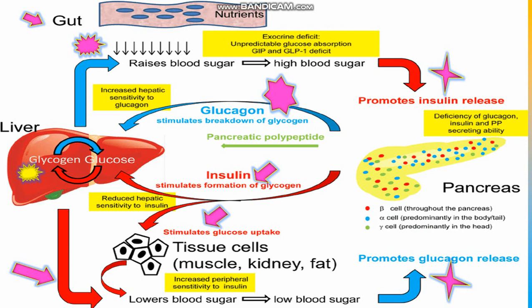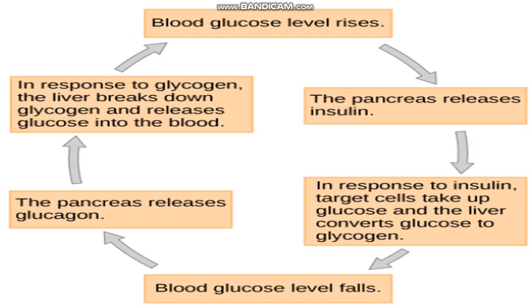This increased glucagon will convert glycogen back to glucose. Now remember, this conversion of glucose to glycogen and glycogen back to glucose happens in the liver. So when this glucagon converts glycogen into glucose, the blood sugar level will again increase. And as a result, this cycle will continue.